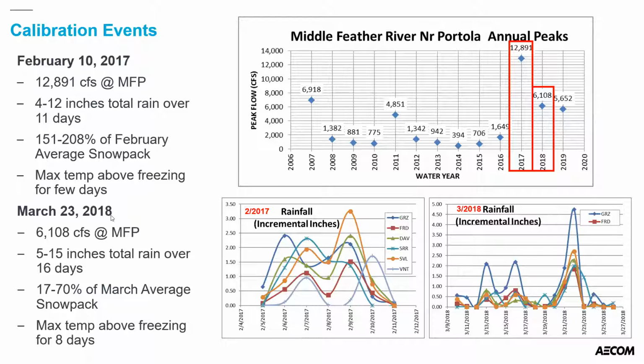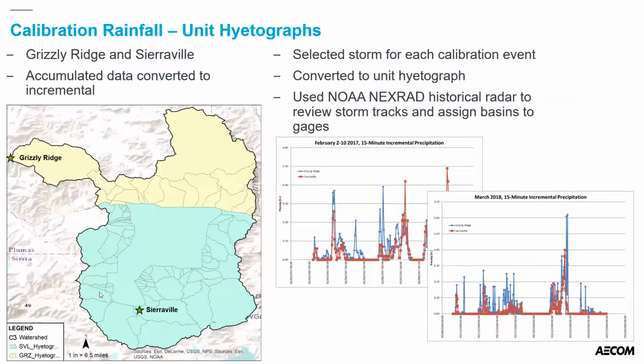March 23, 2018: 6,108 CFS at Middle Fork Feather River Portola, 5 to 15 inches total rain over 16 days, 17 to 70% of March average snowpack, and max temp above freezing for 8 of those 16 days. So we pulled together these two events, and then we pulled together our observed data.